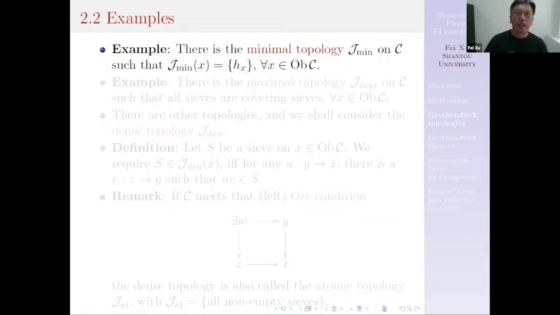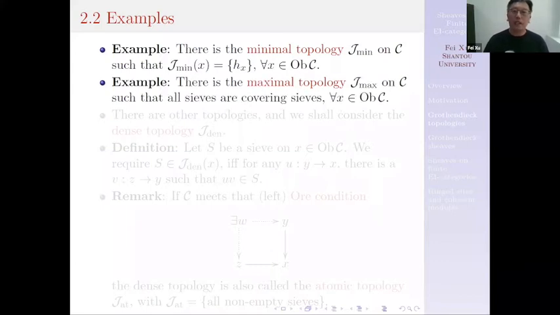Now, here are some examples. On any small category, you can have the minimal topology. It has different names in the literature, but I use this one because it's meaningful. In this case, you only choose one covering sieve for each object, the maximum one. So this is the minimal topology, but of course, you have to verify that the axioms are satisfied.